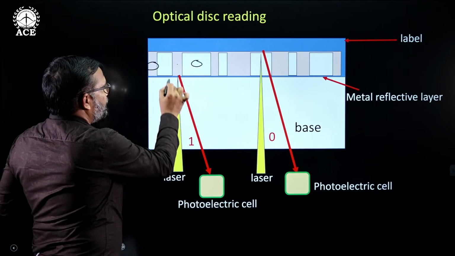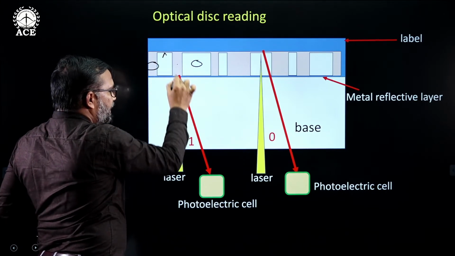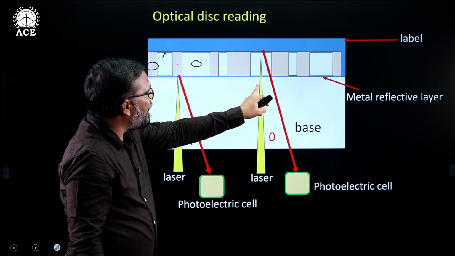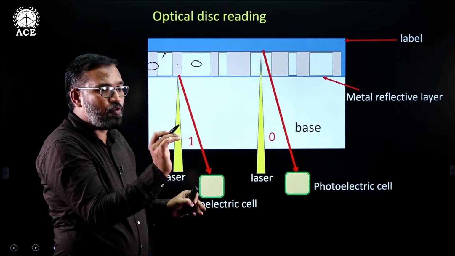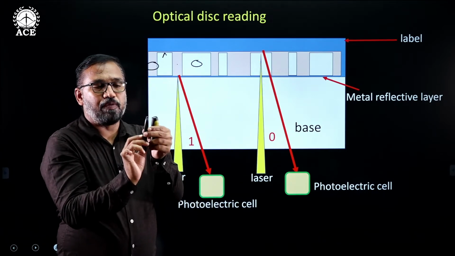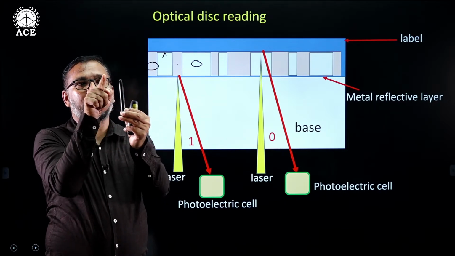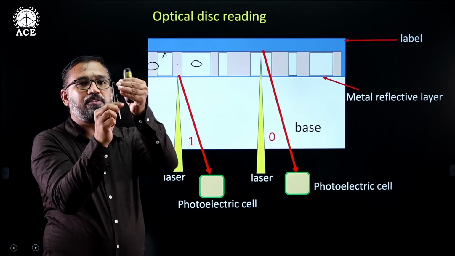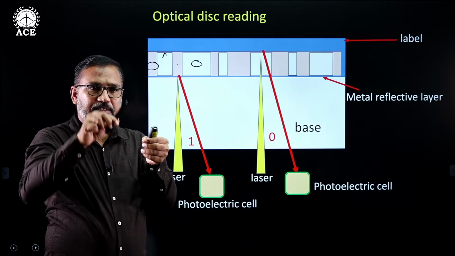When the laser comes here, into the depth, there won't be any reflection of light. The disc is moving, and there are a number of patterns. When the pattern's depth part comes, the laser will not experience any reflection.